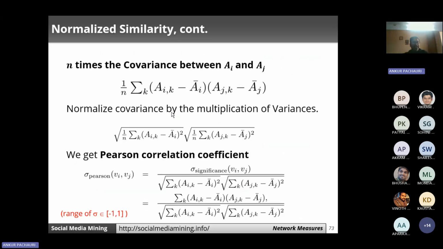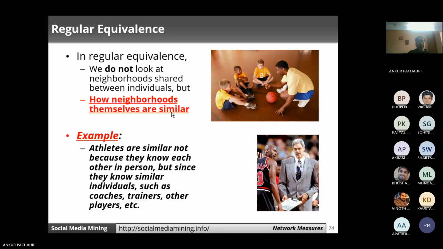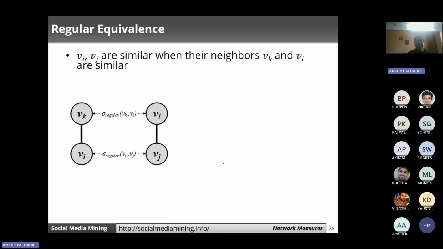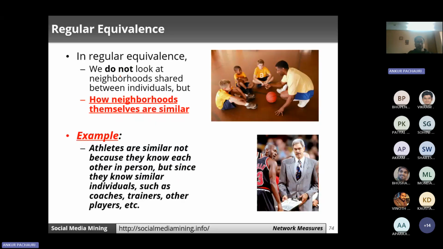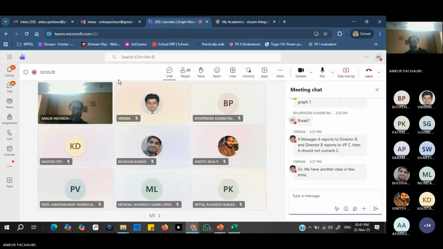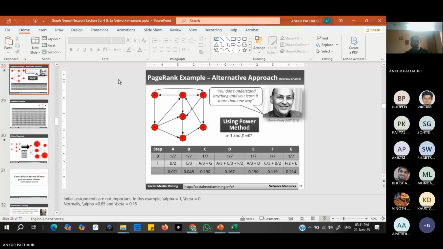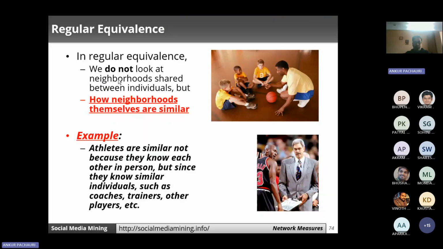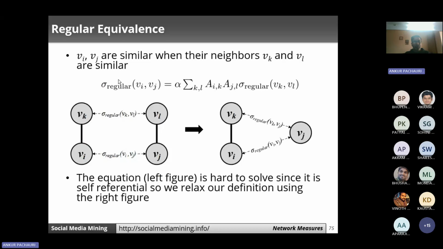The second thing, I'll finish it in a minute. Regular equivalence means I'm talking about the neighborhood. This requires some conceptual explanation.